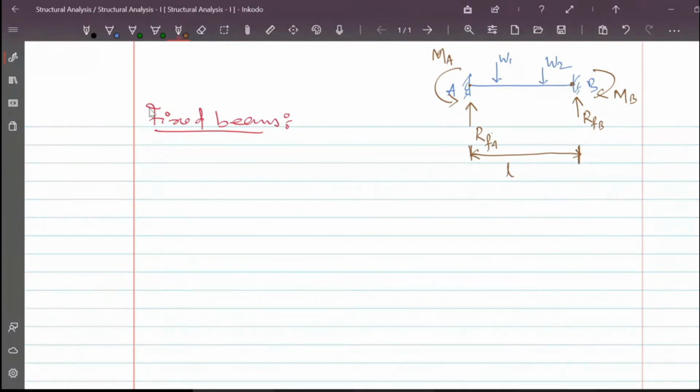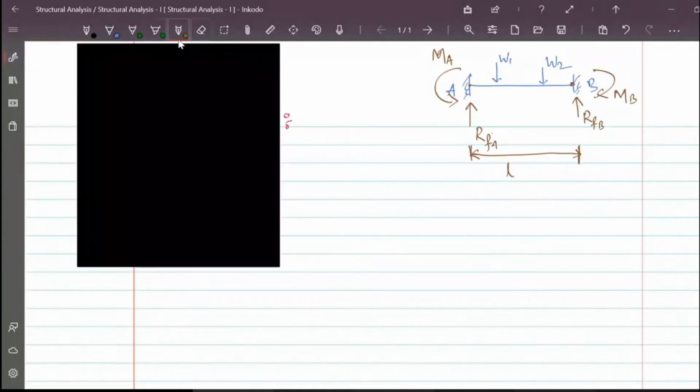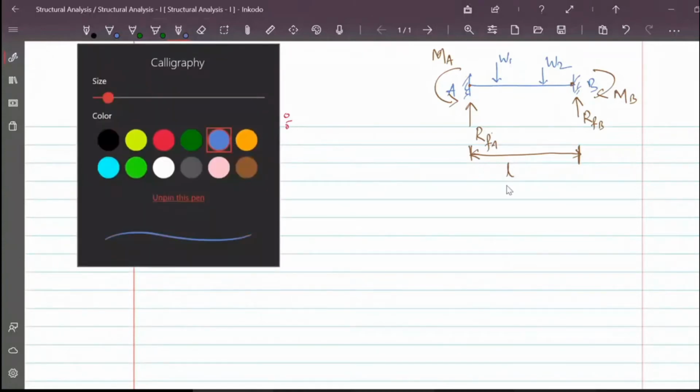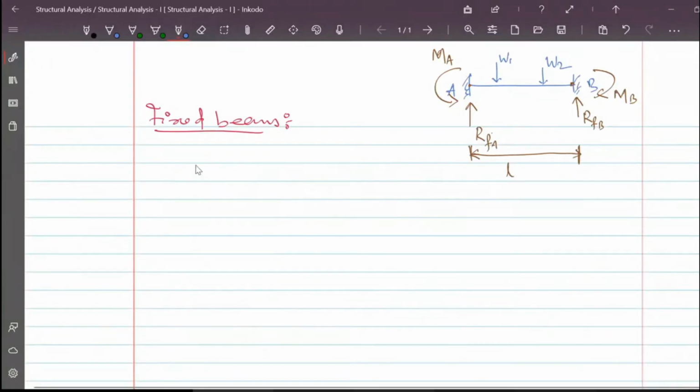So let's write some details about this drawing, whatever we have drawn. Whatever I am writing, you can write it down as notes.